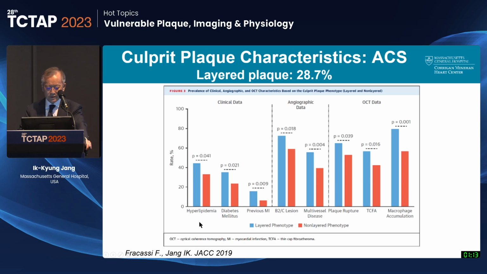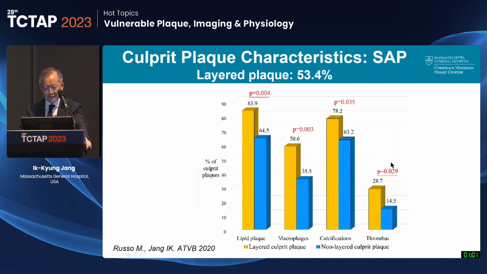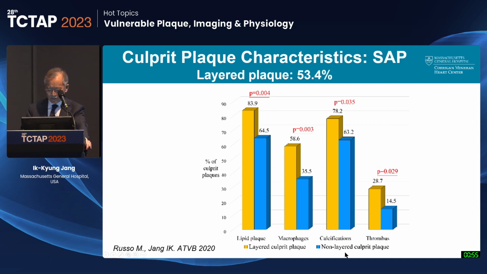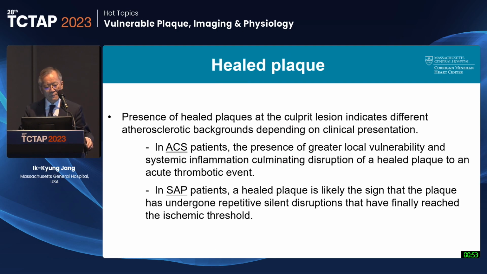First, high risk: hyperlipidemia, diabetes, previous MI, angiographically more complex, more plaque burden, and OCT characteristics of plaque vulnerability. Michele Russo looked at a stable angina population and saw the same pattern: increased vascular inflammation and vulnerability.